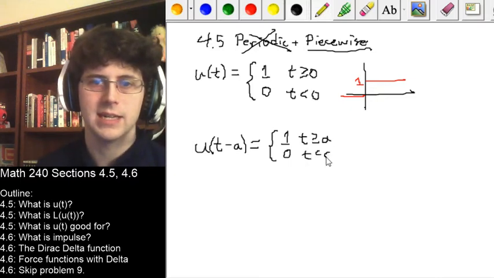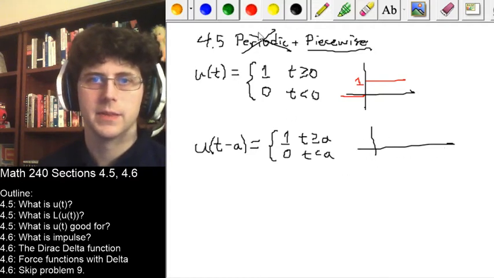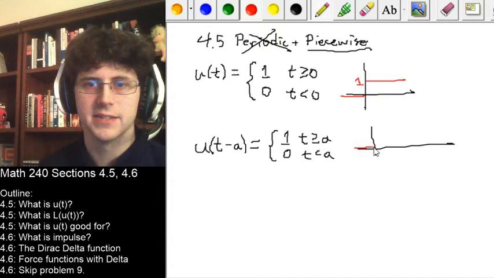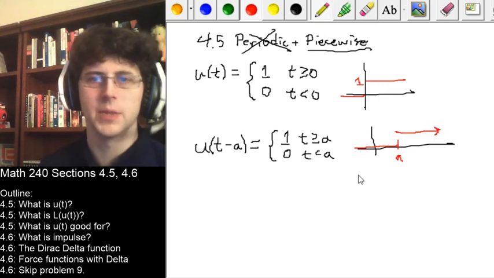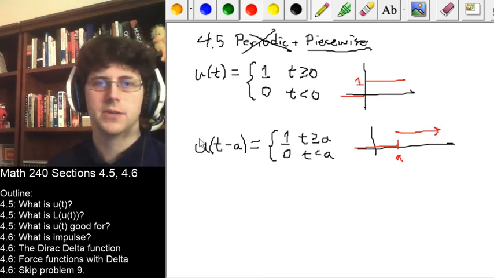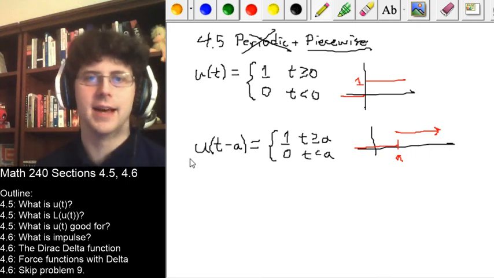Before time a, it's off. So the graph is 0 for a long time, and then at the special time t equals a, it turns on, then it's 1 from there on. So u of t minus a is the on-off switch, but it's really just an on switch. It turns on at time a.